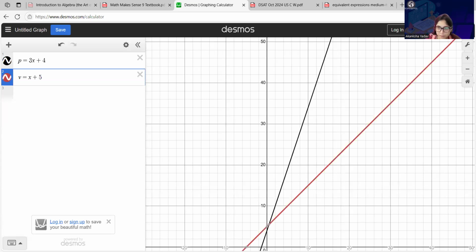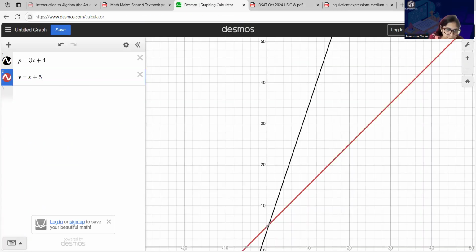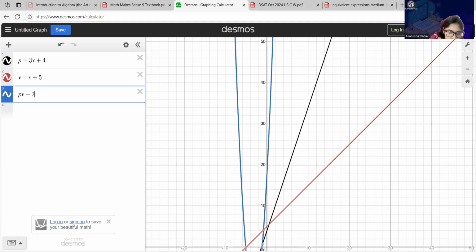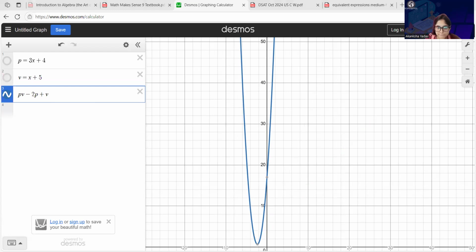Again, you're getting a graph. Next, you have PV minus 2P plus V. Again, you're getting a graph. And you can hide these because you do not want to compare the answers to these ones. So you have PV minus 2P plus V, you're getting a graph.